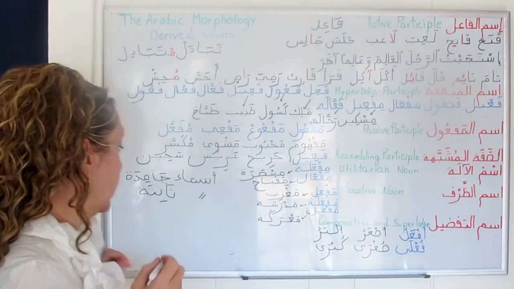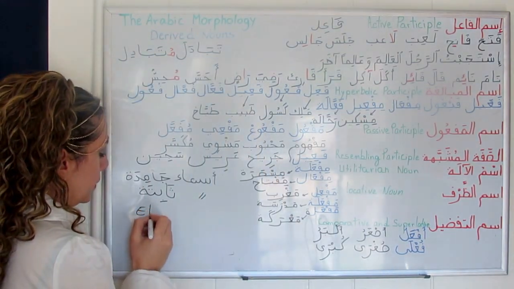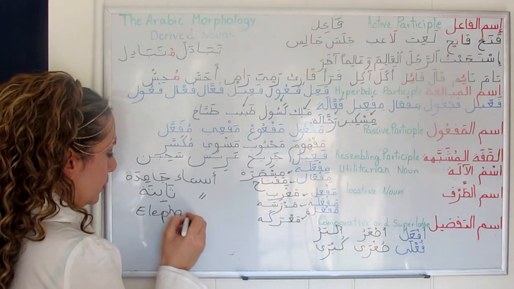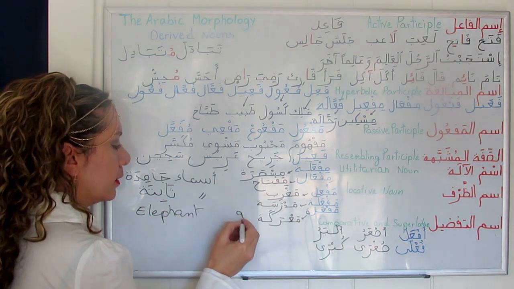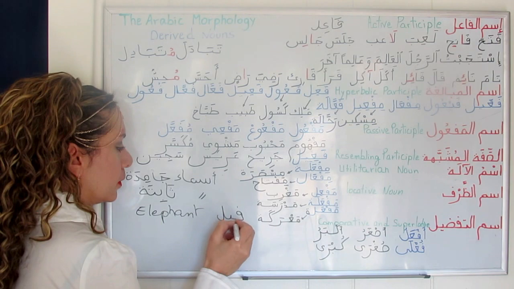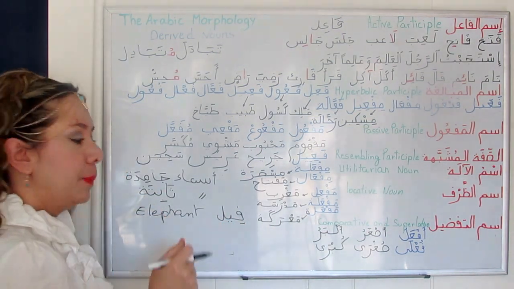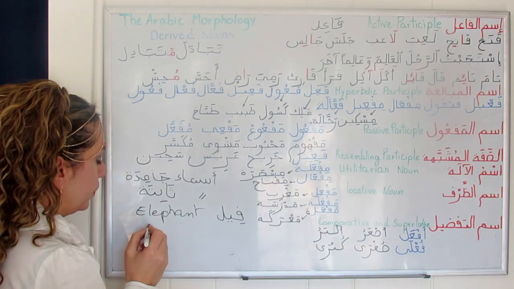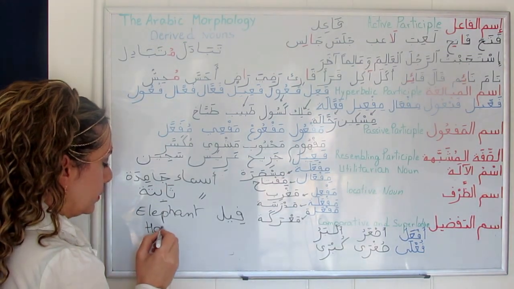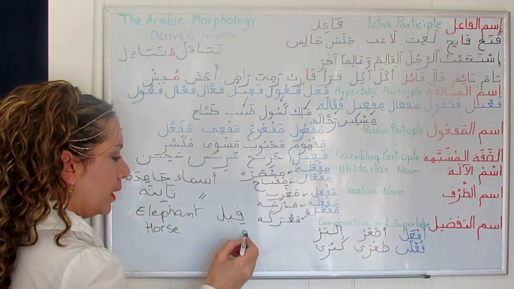For example, elephant, فيل, اسم جامد أو اسم ثابت. Horse, فرس.